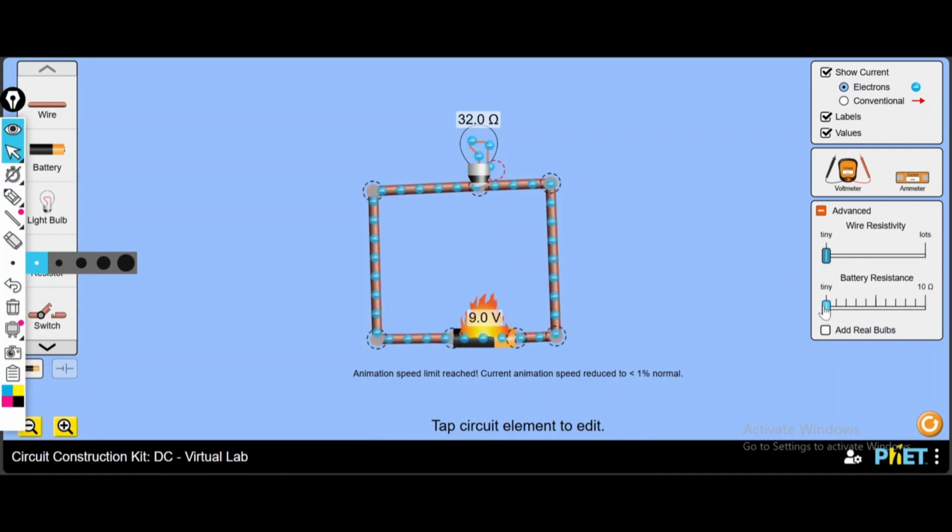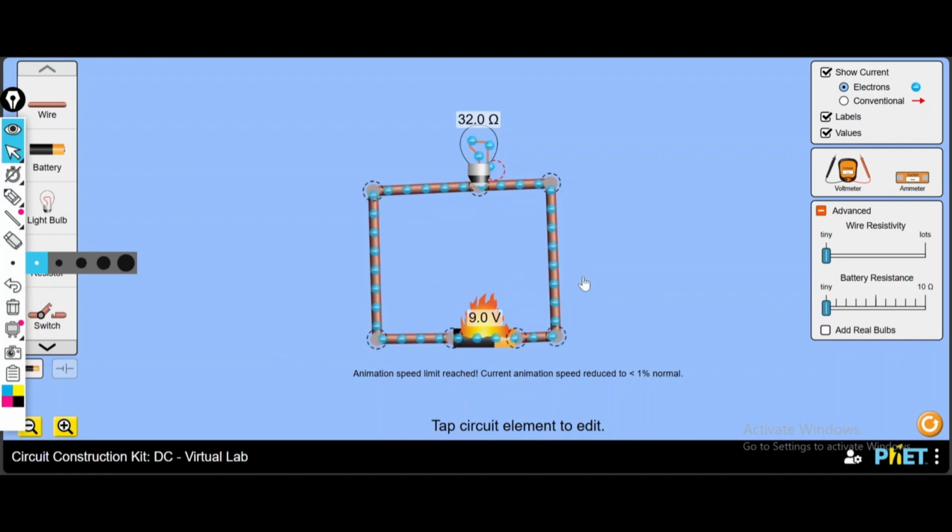So this is all about the internal resistance and its impact on the circuit. If we increase the internal resistance, the current flow through the circuit will be reduced and more opposition will be provided to the flow of electrons. If we reduce it, the current will increase, and if the internal resistance is zero, then the current flow will be higher.